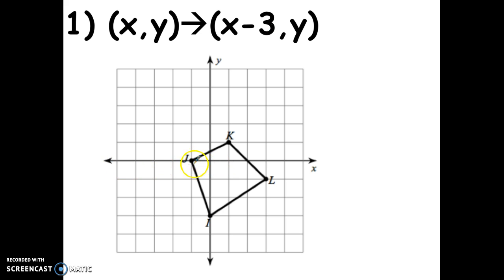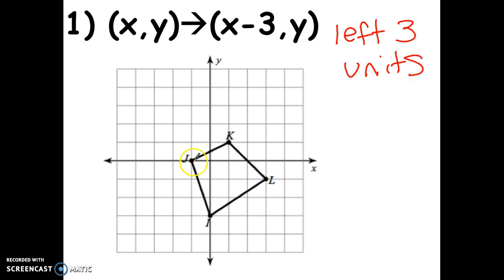Going left is going towards the negative numbers, right? So that is minus 3. Going right is going towards the positive numbers. So that is plus 3, okay? So I'm just going to write this note over to the side, left 3 units. That way I can remember what I'm supposed to be doing.